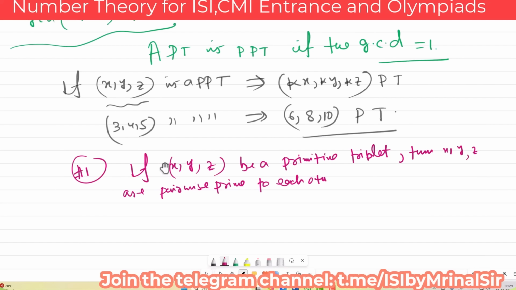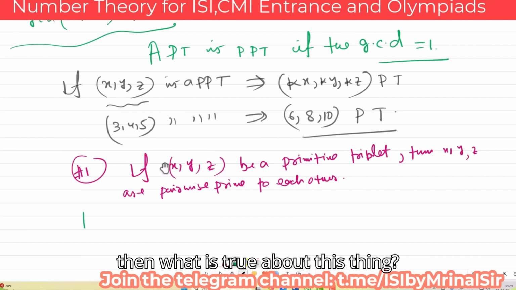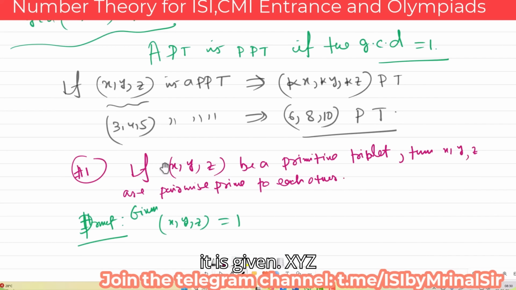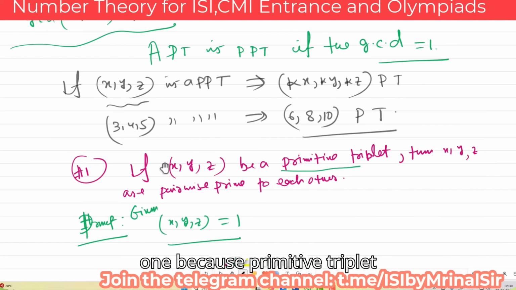How to prove this? If this is a primitive triplet, then what is true about it? Proof. Given that GCD of x, y, z equals 1, it is given because it is a primitive triplet.